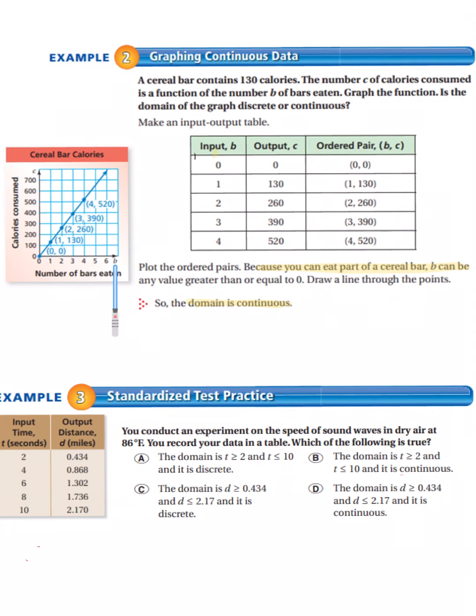If you look at the graph to the left, I connect all my points with a line through them. So my domain can be whole numbers, but they can also be decimals or fractions. Again, my domain is my input. So I can have half of a bar, I can have 1.5 bars, I can have 2.5 bars, and so forth.